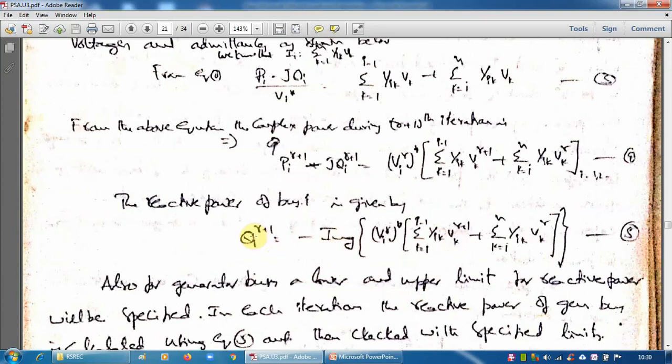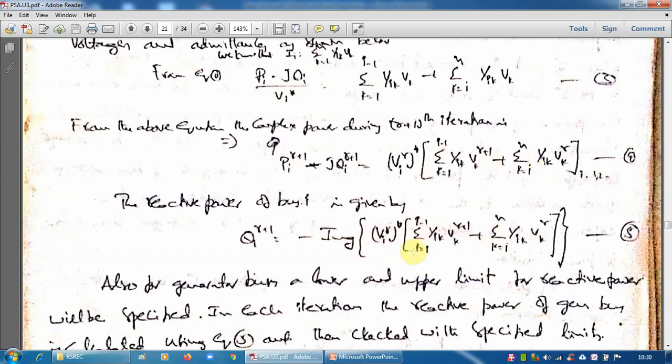That means if we are calculating Q5, up to the fourth bus we can substitute fresh values, and beyond that we substitute old values. That concept is also introduced, and this equation is written in modified form.